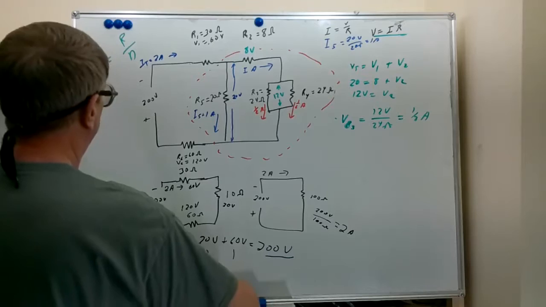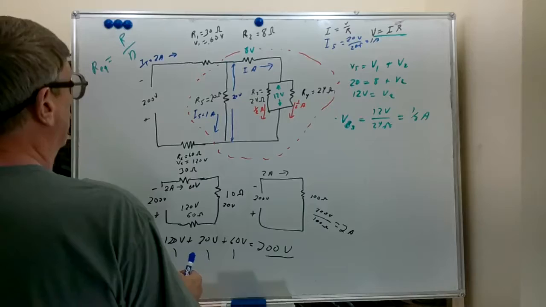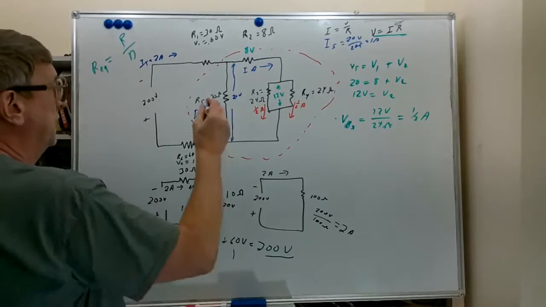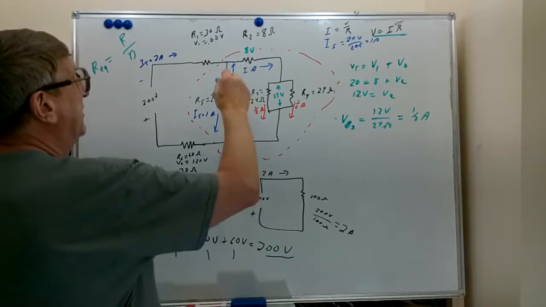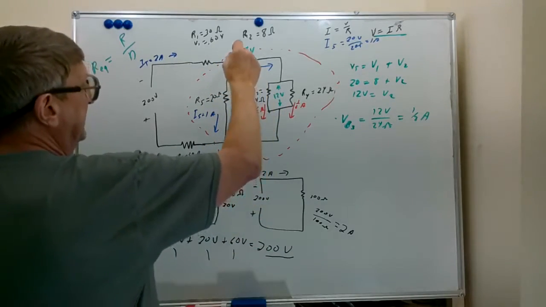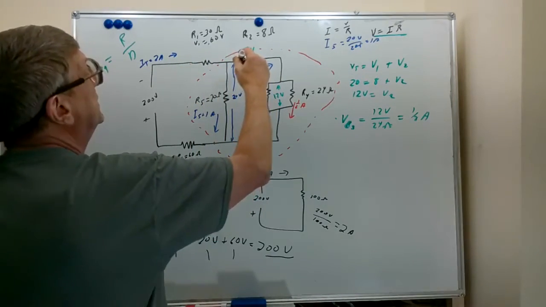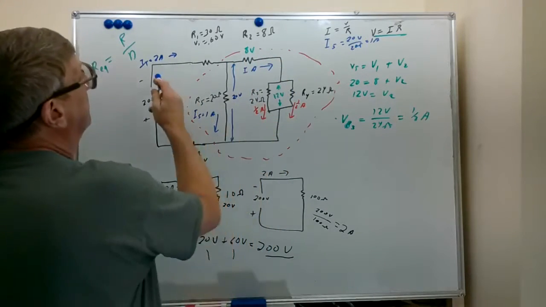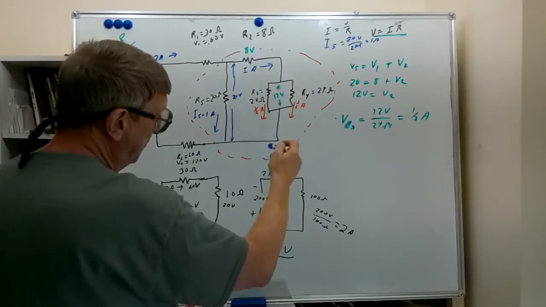So we calculated the equivalent resistance, the total resistance. From that we were able to calculate the total current. With the total current we were able to compute voltage drops. That allowed us to compute the current through R5, and because of the summation of currents, IT minus the current through R5 gave us the current through this branch.